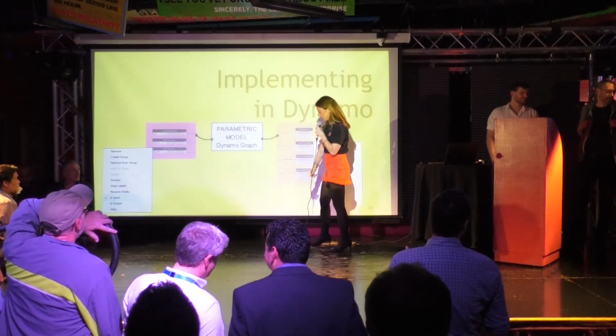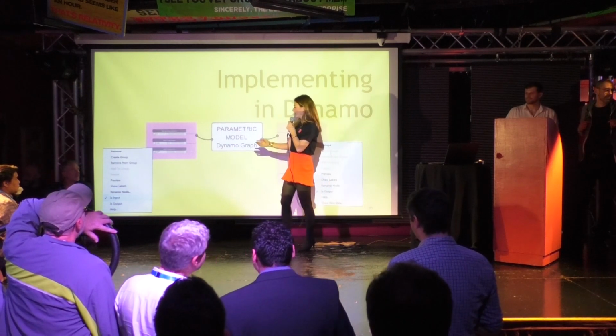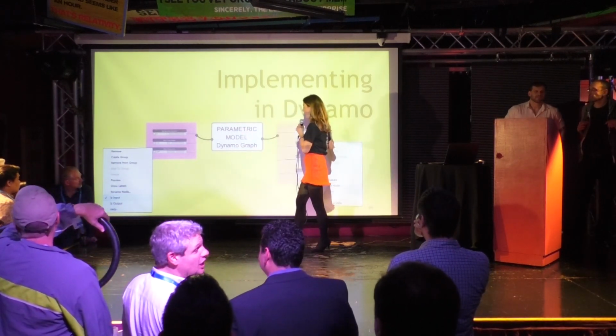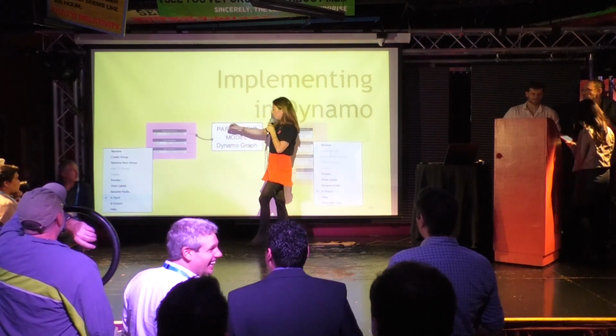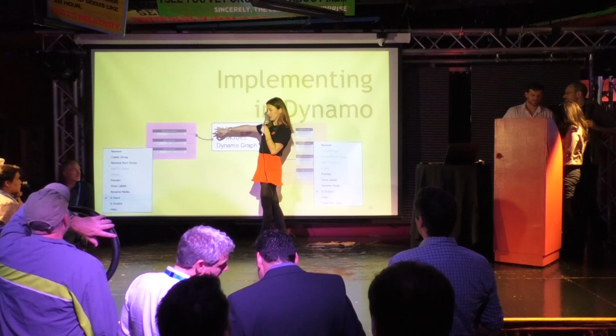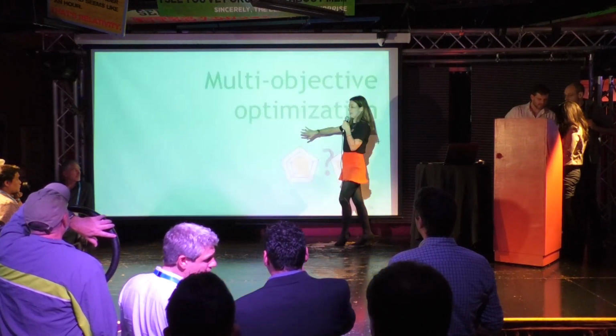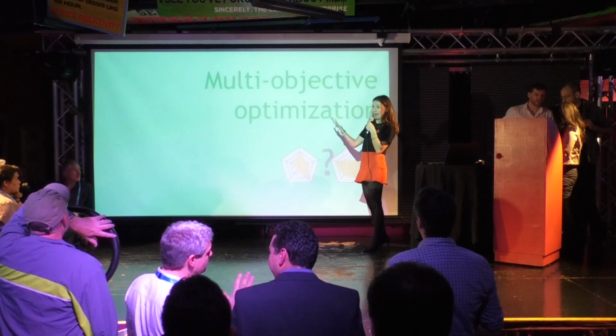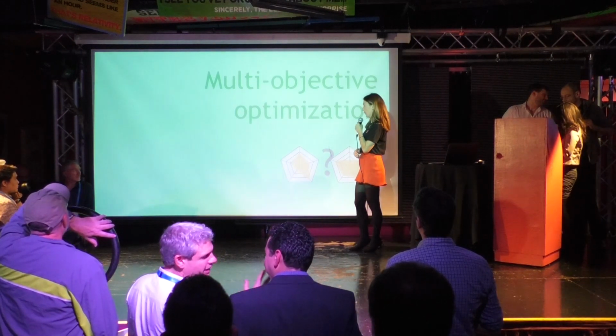To make that possible, you have to give Refinery access to your parametric model, and then it can start switching around the parameters and setting them to different values and detect the outcome that they produce. That way it can learn in which direction to go.